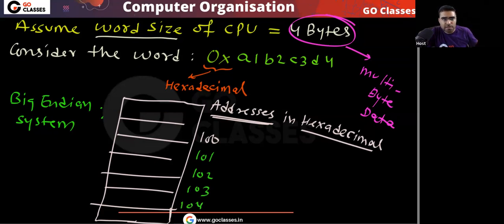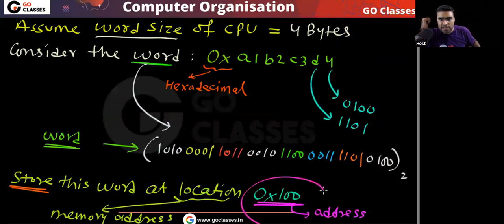Tell me. If your system is a big Endian system, how will you store this word in your main memory? Very simple. These 4 locations will be used, because you are storing this word at the location 100, right? Yes or no?